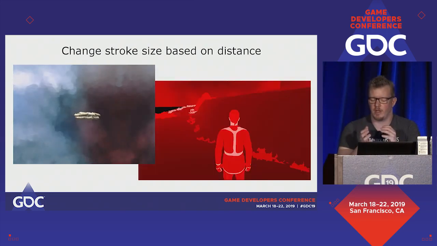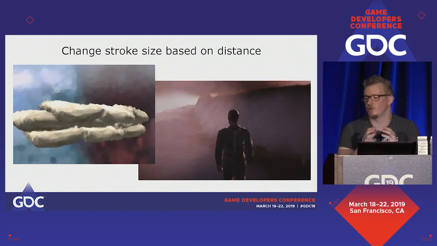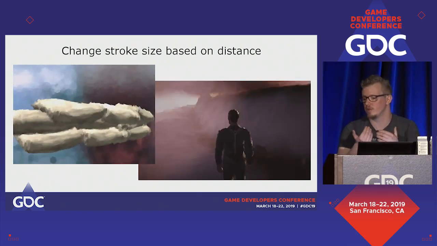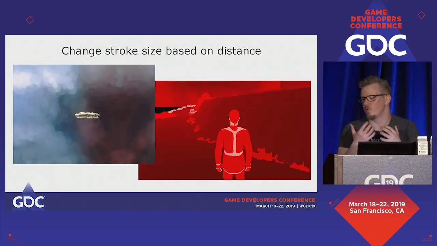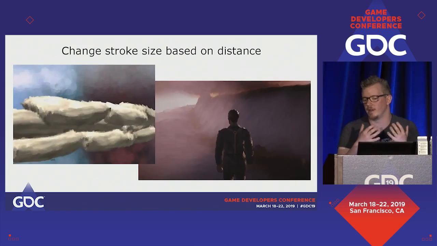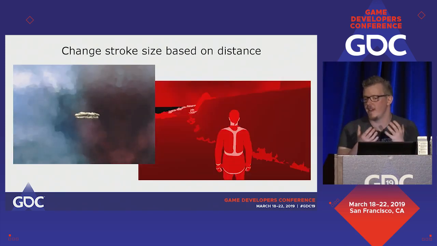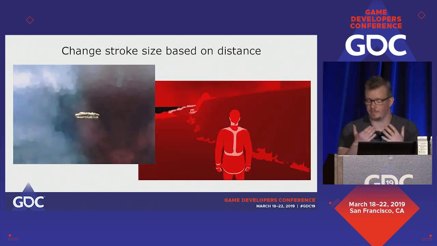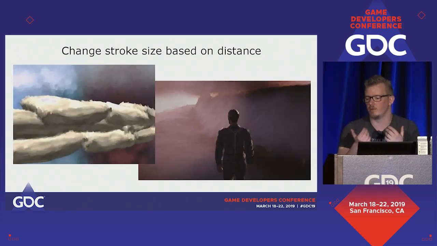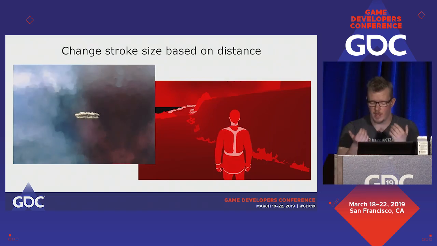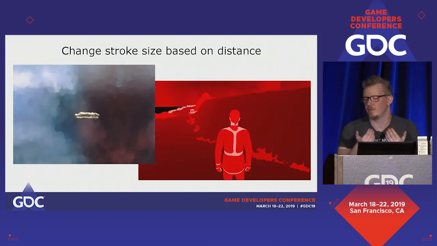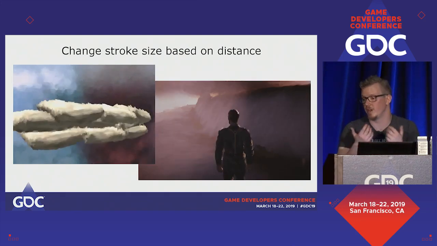Interestingly enough, we made this something the artist could control with a modifier, and they would sometimes use it in reverse. If you want to guide the eye of the player, this is a technique that's also used in regular painting, where you use detail where you want the viewer to look. This meant we could get something kind of similar in an interactive environment, which I think is pretty cool.